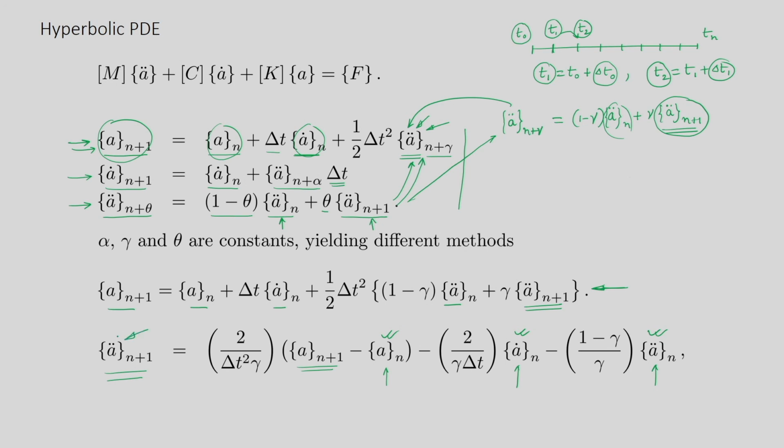So acceleration has been expressed in terms of displacement at n plus 1. Now similarly, if I make use of the third expression and put it in the second expression, what we get is the velocity at n plus 1 is equal to velocity at nth instant plus delta t into 1 minus alpha, because here I will replace theta with alpha, into acceleration at nth instant plus delta t into alpha into acceleration at n plus 1th instant.